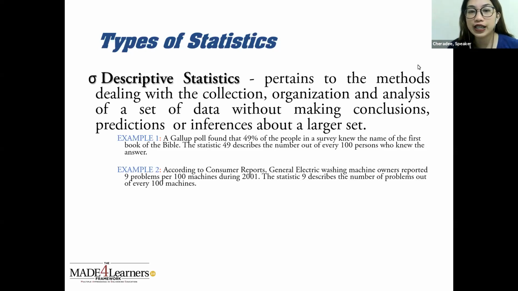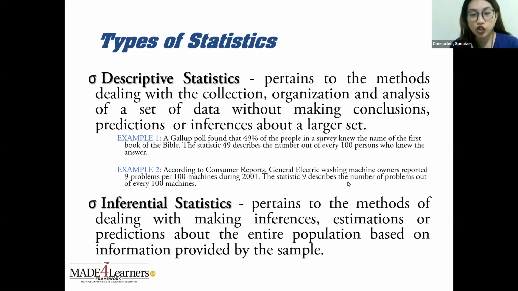So the next one is inferential. I'm not sure if you have heard about inferential, but it's actually a different type of statistics. This one is quite difficult and needs advanced statistics. In the industrial engineering department, we have two courses regarding inferential statistics.